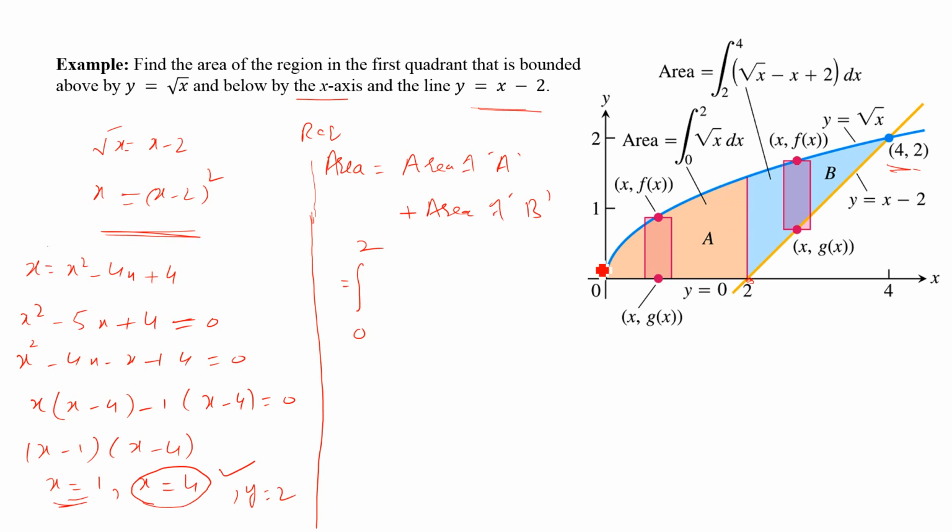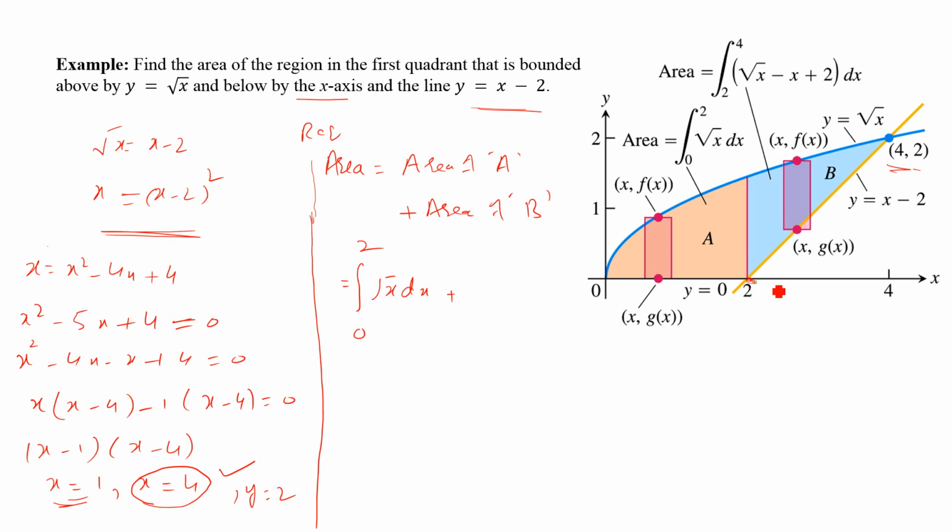Or you may say this is the area above the x-axis under the curve y is equal to square root of x bounded by the lines x is equal to 0 and x is equal to 2. This is actually a simple integral, 0 to 2 f(x) dx. So f(x) here is square root of x dx, plus the area of this region.